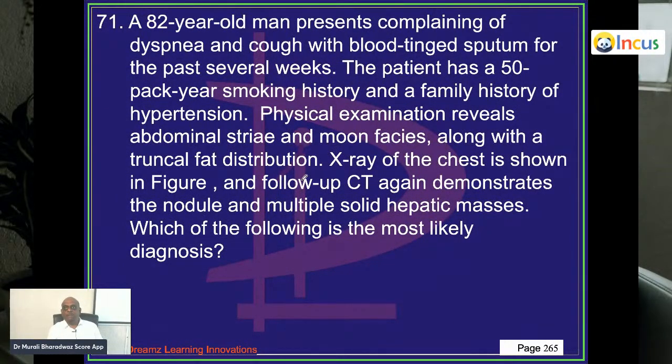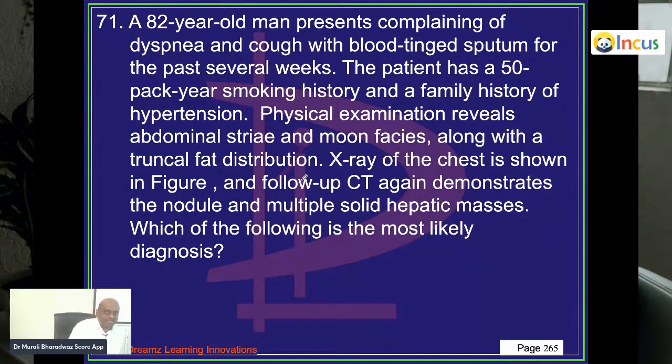An 82-year-old man complains of dyspnea and cough, blood-tinged sputum, and the patient has a 50-year smoking history. He has got abdominal striae, moon facies, truncal fat. What is that called? Which syndrome? Cushing.